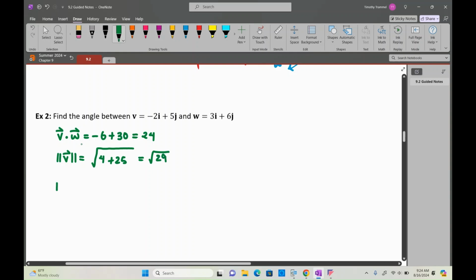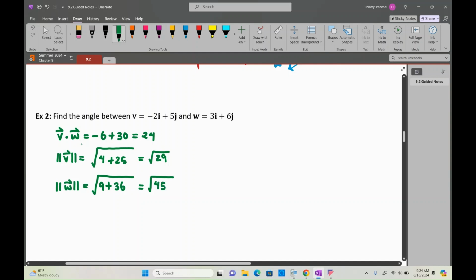We do the same thing with w. We want to square 3, which is 9. Square 6, which is 36. And so that's going to give us the square root of 45.